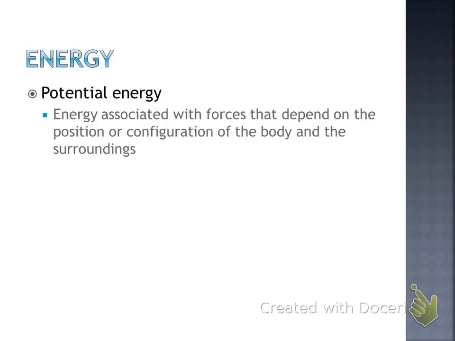Our potential energy is associated with forces that depend on the position of the object. We care about how far it is off the ground. We care about how far it's moving in its path. So our potential energy is dependent upon the position of our object.